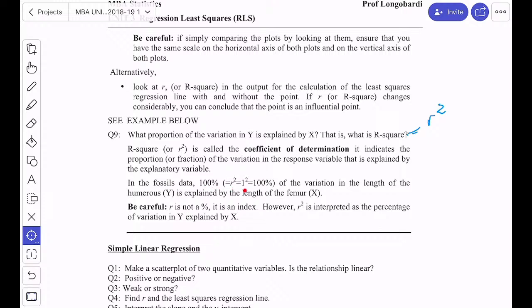The r squared was 1. So r was 1, so r squared would be 100%. So 100% of the variation in the length of the arm bone is explained by the femur. That leaves no room for other predictive variables. So it's fully explained by X.